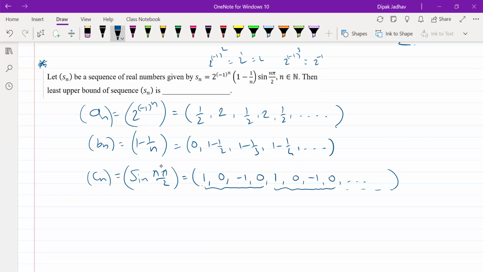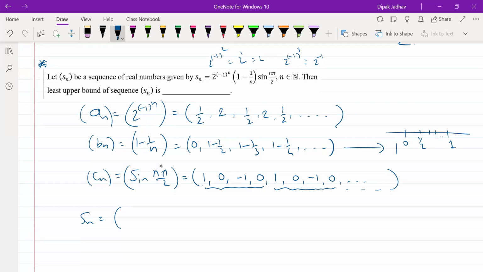Okay. So let's write few terms of the product Sn. Before that, let us observe the 3 sequences. The first sequence keeps on fluctuating. And moreover, you can observe, the second sequence: first term is 0, second term is half, third term is bigger than that, next term is bigger than that.